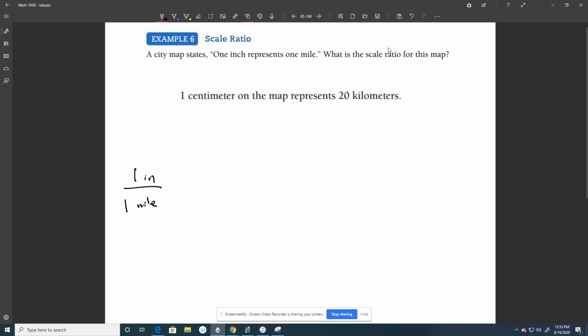To change the bottom into inches, I have to take, well, how many inches are in a foot? So I have to times by 12, which gives me 12 inches in a foot. Well, how many feet are in a mile? So then I have to times that by 5,280. So to get how many inches are in this mile, I've got to times by 12 times by 5,280.